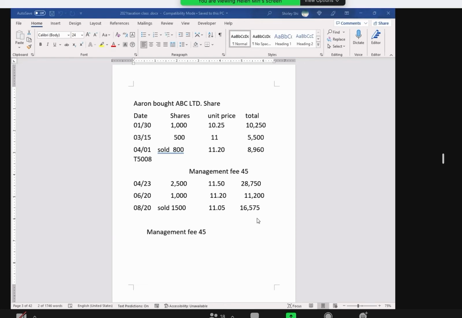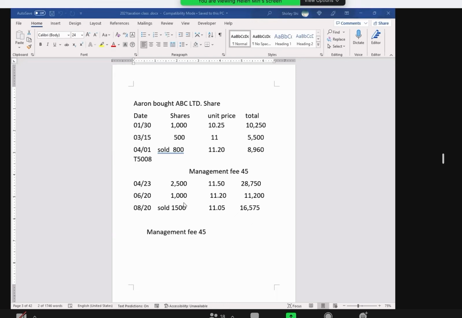Normally you just add them up because you have the two T5008s. That is easy.